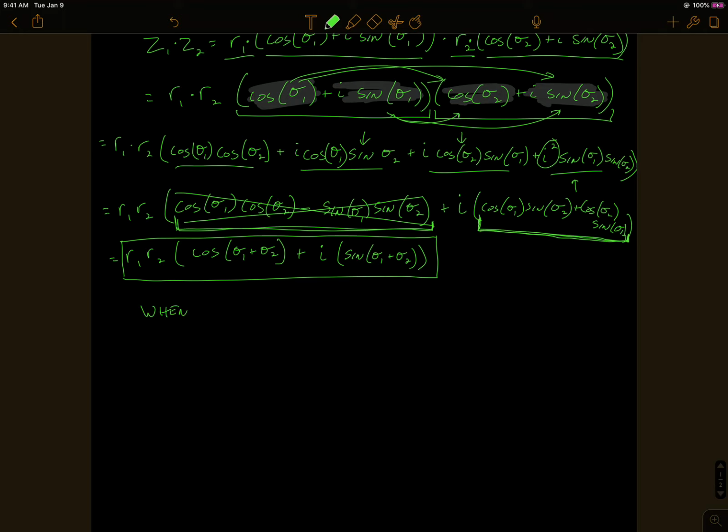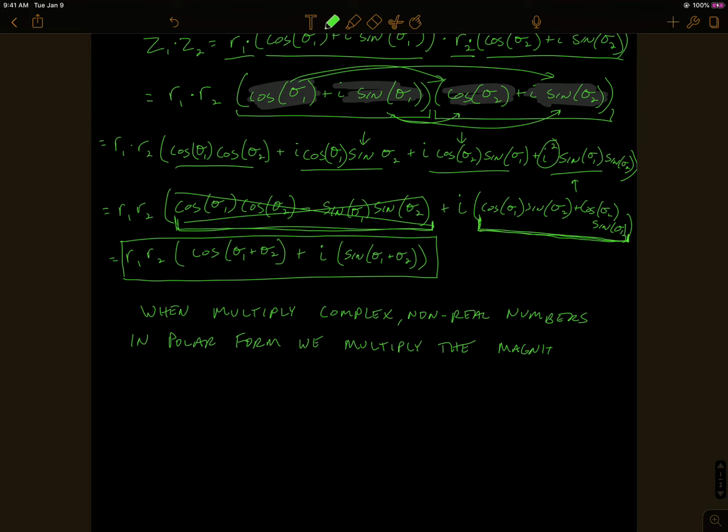We say when we're multiplying complex non-reals in polar form, we multiply the magnitudes, which that's the r's, and we add the arguments.